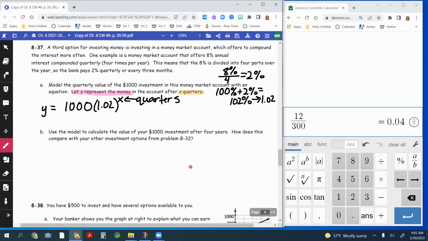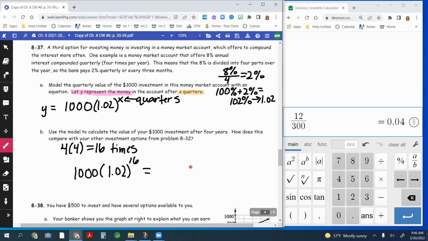Use this model to calculate the value of your $1,000 investment after 4 years. So if it's 4 years, you're getting interest 4 times a year. For 4 years, you're going to have 16 times that you get the interest. So you're going to take 1,000 times 1.02 to the 16, because again, it was 4 times a year for 4 years.